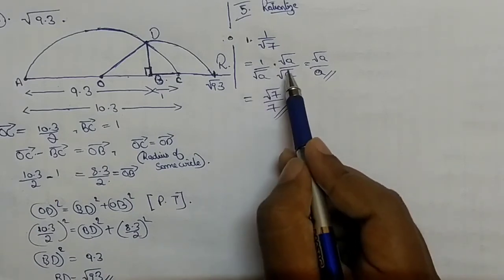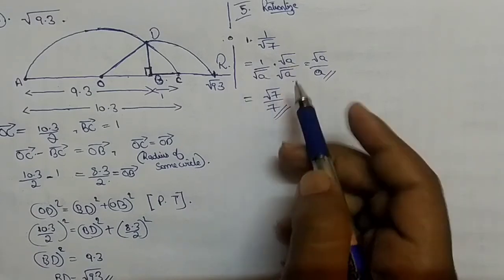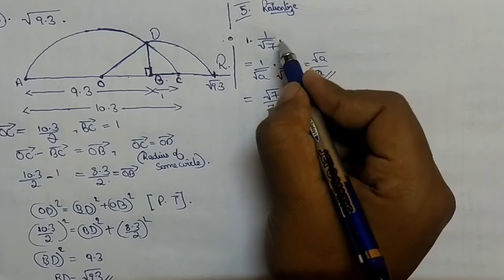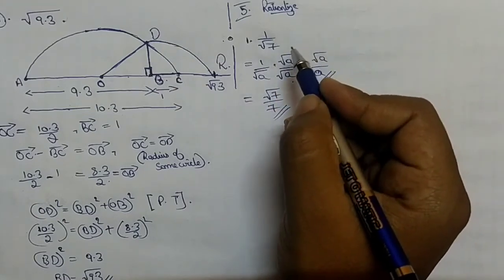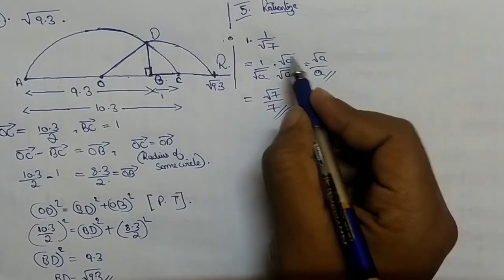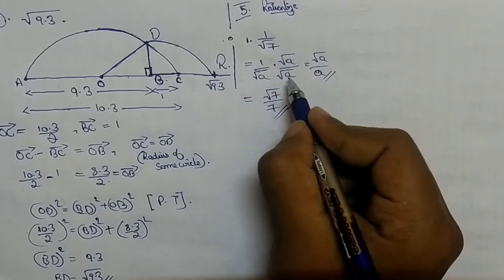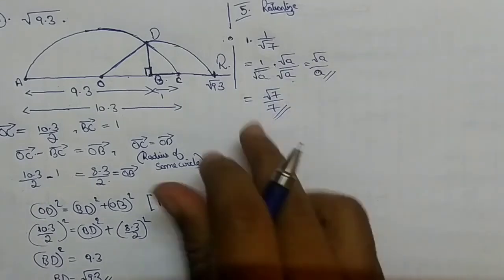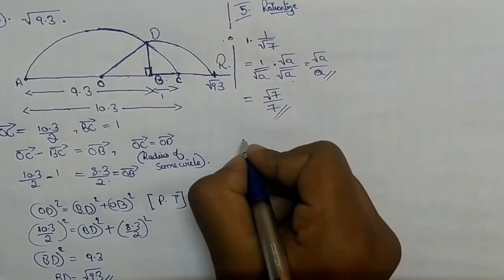And if you often forget how to approach, whether we need to multiply or go with a different approach, then remember this: 1 by root a into root a by root a. Then you can remember what to apply for which question. That is going to be easy.